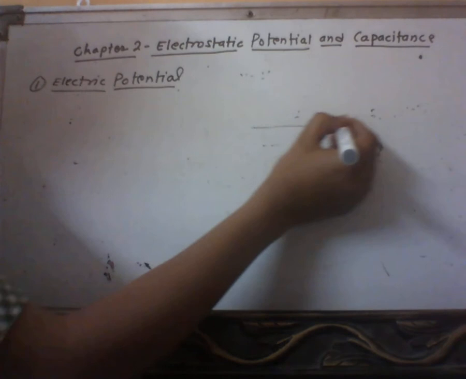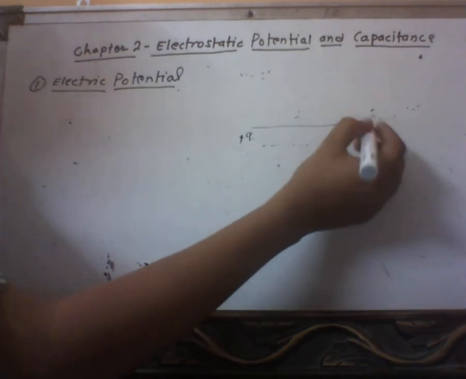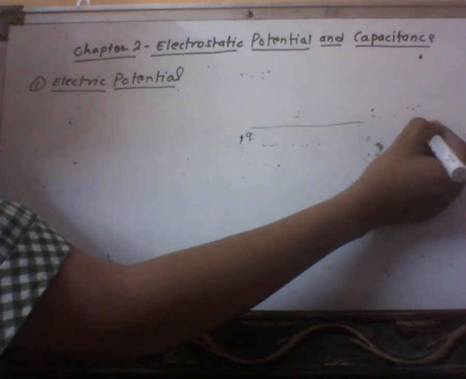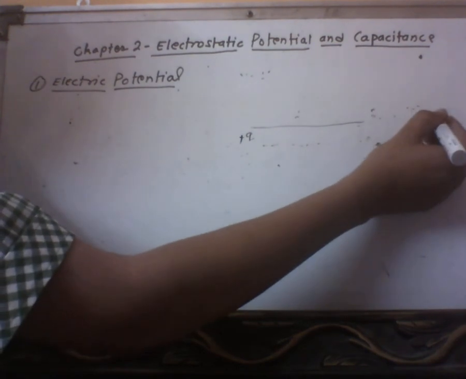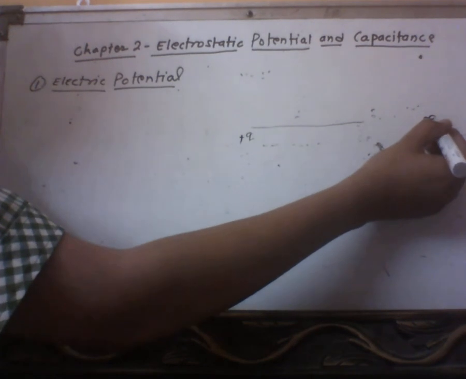suppose there is a positive charge Q and a small charge q, which is also called the test charge, placed at infinity. Infinity means very far away from that charge.